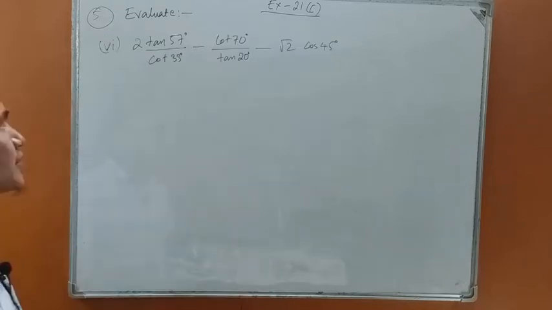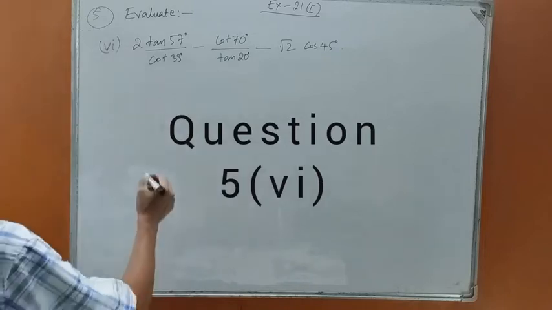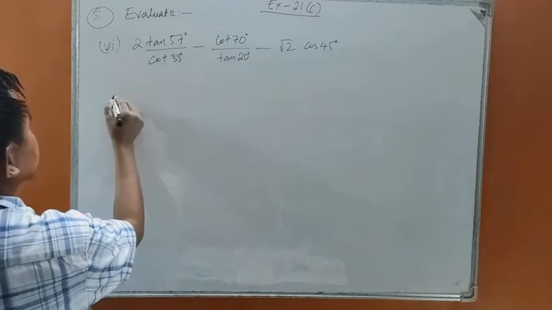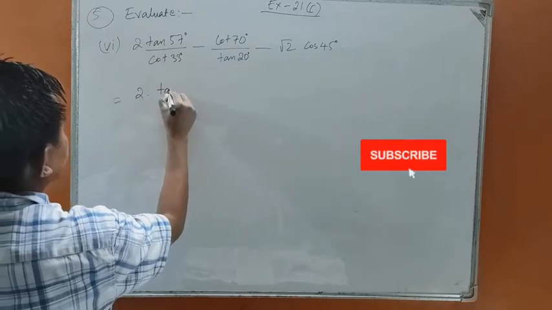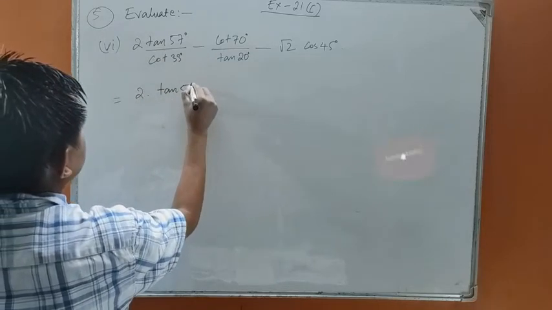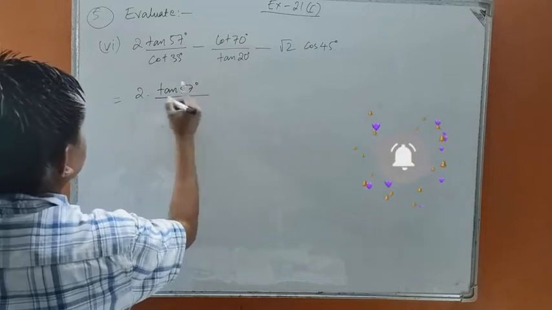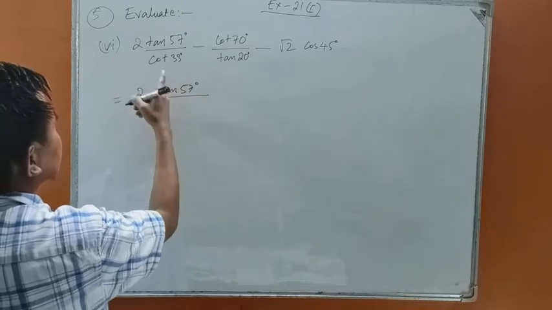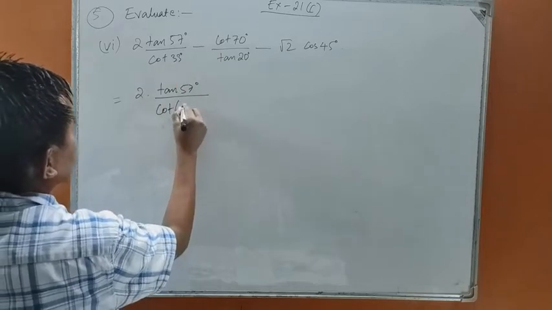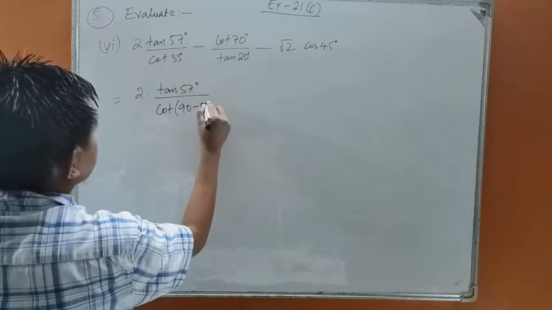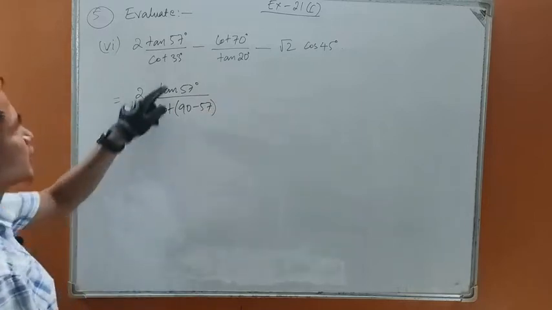Okay, question number 6 now. So we are asked to find the value of this expression, isn't it? So we have 2 tan 57. I copy as it is, tan 57 degree. Okay, in the denominator I have cot 33 degree, isn't it? So cot 33 means 90 minus 57. 90 minus 57 gives us 33.